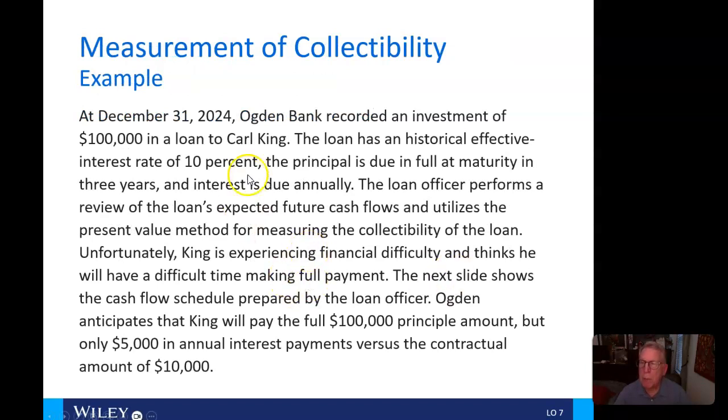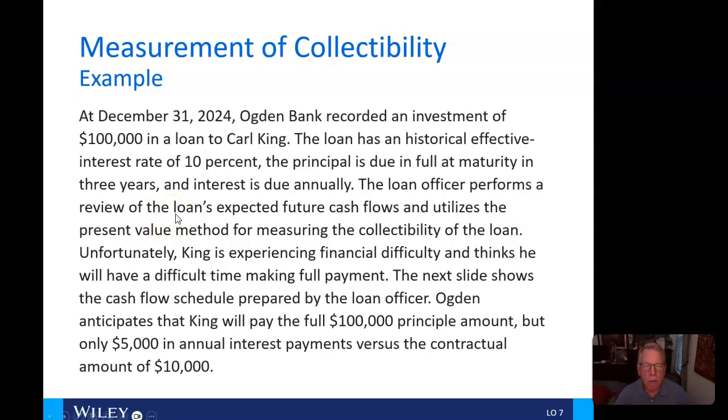So here's an example. At December 31st, the Ogden Bank recorded an investment of a $100,000 loan to Carl King. The loan has a historical effective interest rate of 10%. The principal is due in full at maturity, 3 years. Interest is due annually.